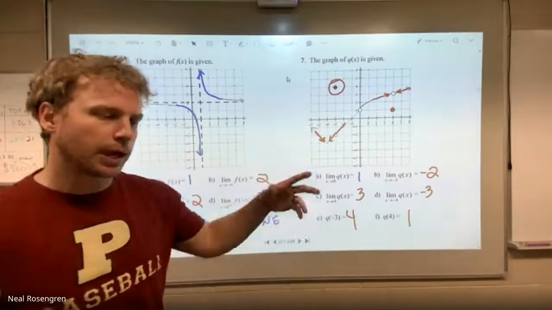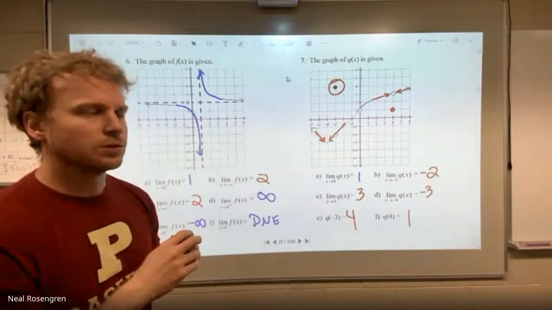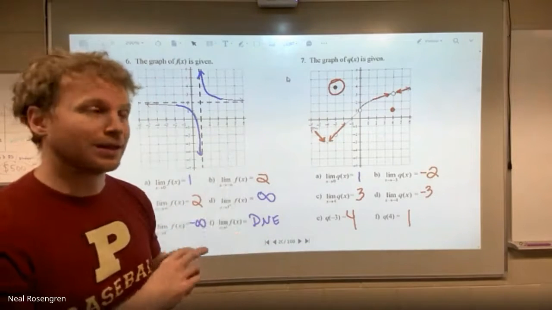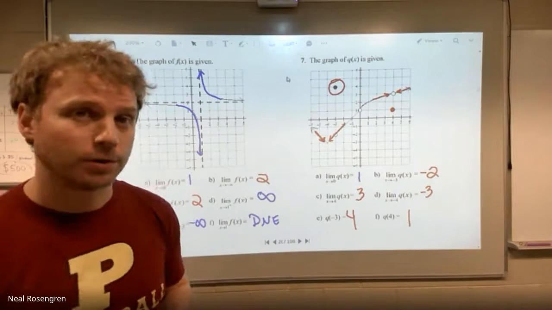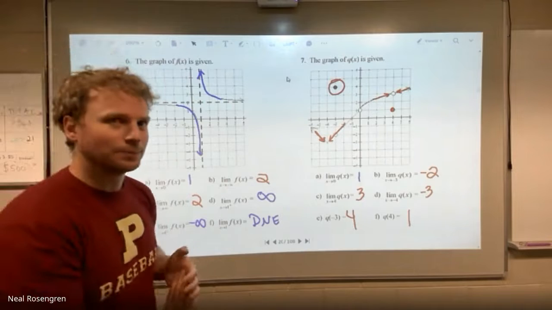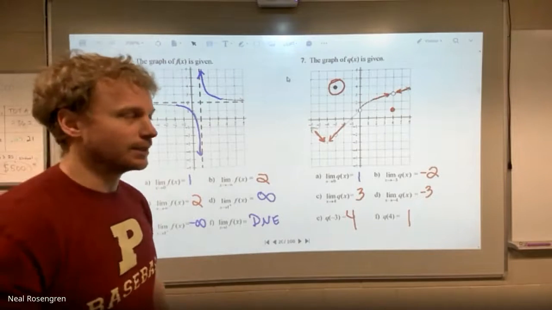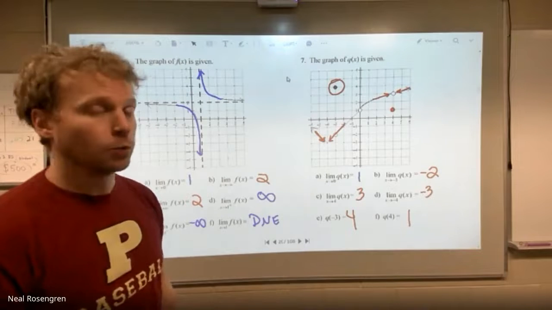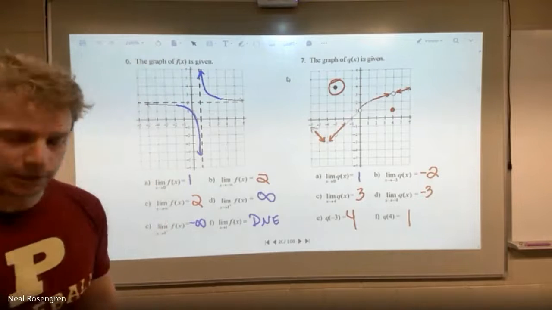Being able to approach these ideas from different angles is so crucial in calculus that I wanted to put page 21 out there for you to give a shot. So see if you can do that. And we'll go over it tomorrow for sure before we back up and look at the tables really quickly.